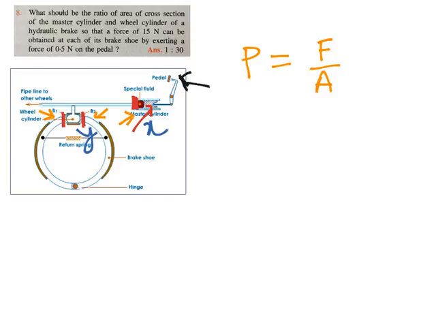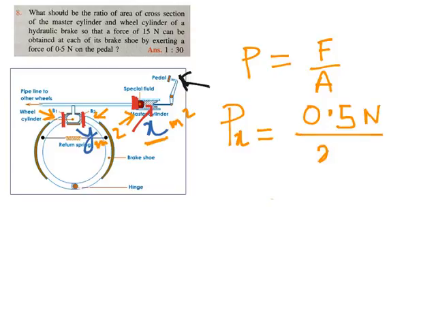So if the cross section area on the pedal is x meters square, and y meters square in each of B1 and B2, we can write for the pedal, Px, the force given out here is 0.5 Newton, and the area is x.